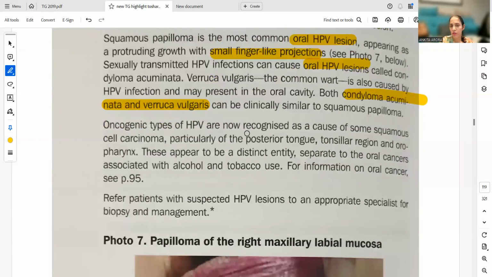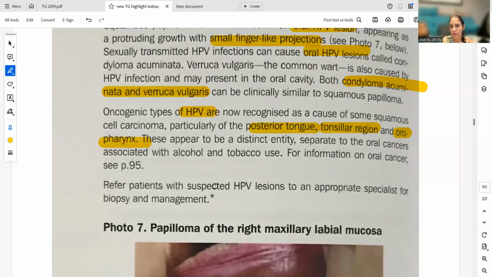Oncogenic types of HPV are now recognized as a cause of squamous cell carcinoma, particularly of the posterior tongue, tonsillar region, and oropharynx. So posterior parts of the tongue, tonsils, and oropharynx are affected with HPV type of squamous cell carcinomas.